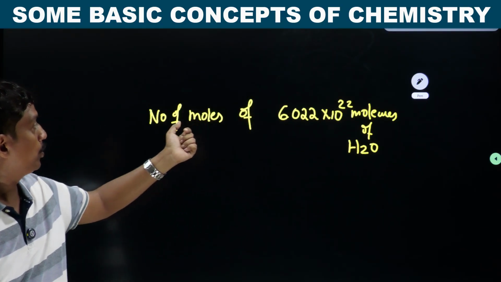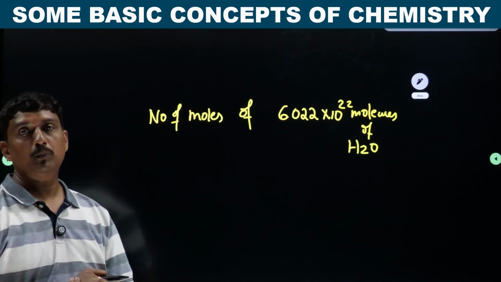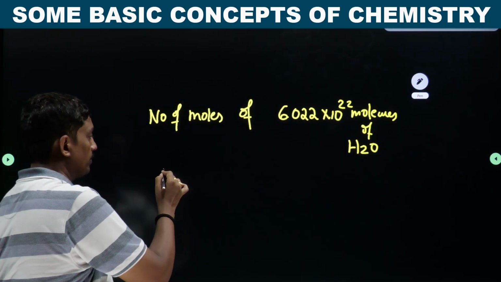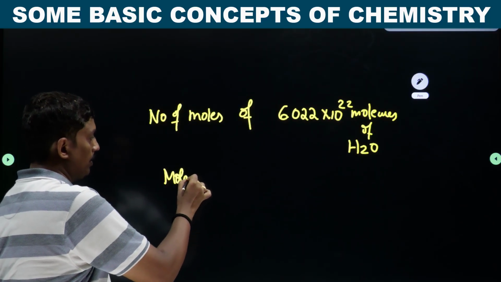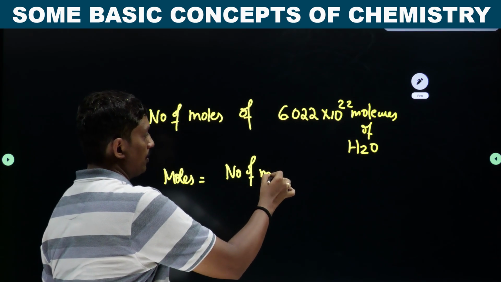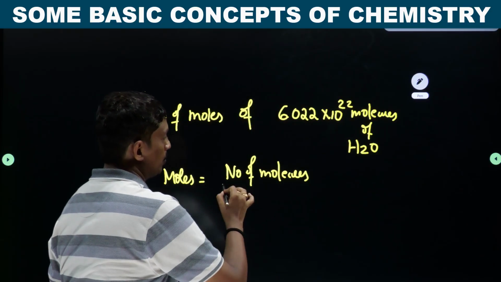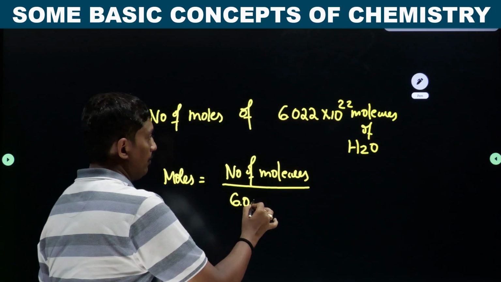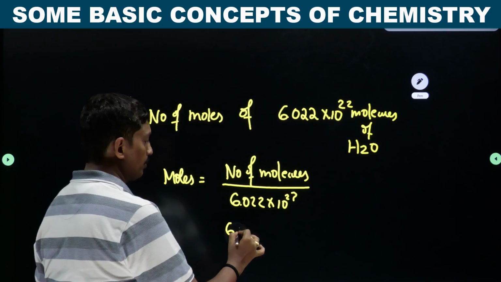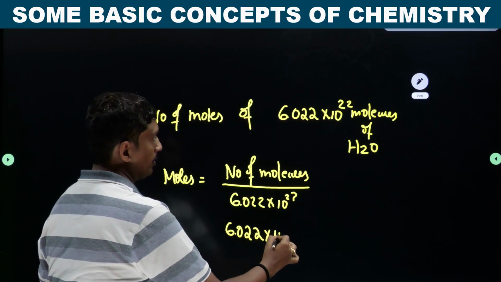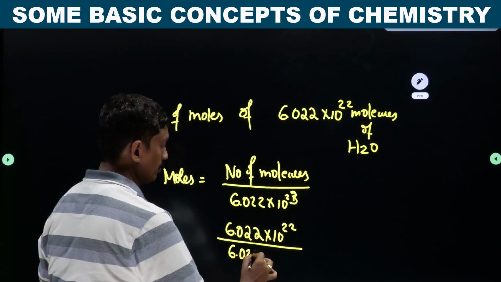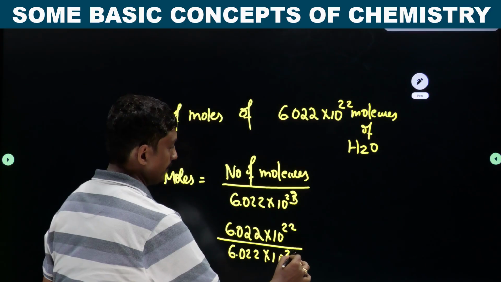This number of molecules makes how many moles? Same formula. Number of moles is equal to number of molecules divided by Avogadro number. How many molecules are given? 6.022 into 10 to the power 22 divided by 6.022 into 10 to the power 23.